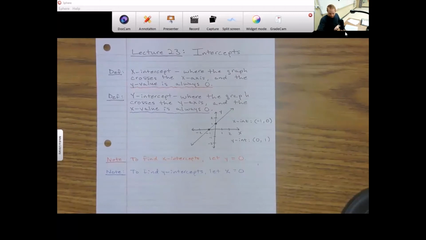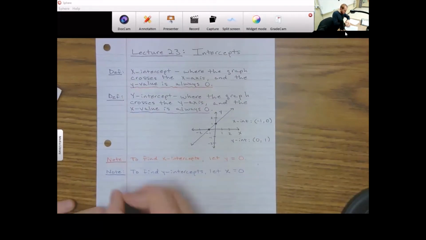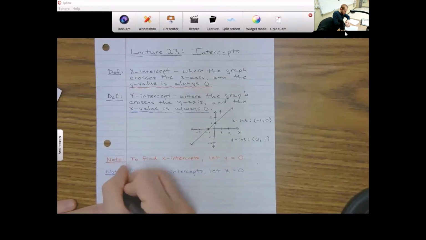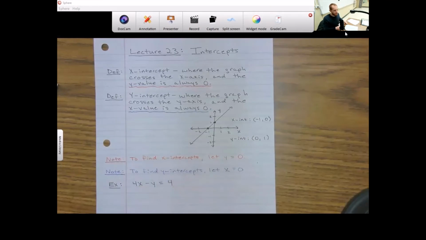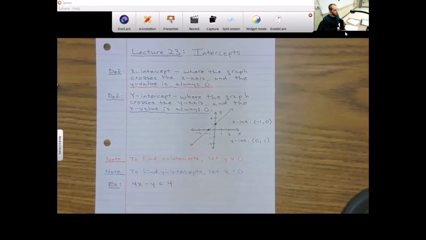Okay. So the first example is going to be 4x minus y equals 4. So here's the equation that they give us. And what I want to do is I want to find the x-intercepts and I want to find the y-intercepts.